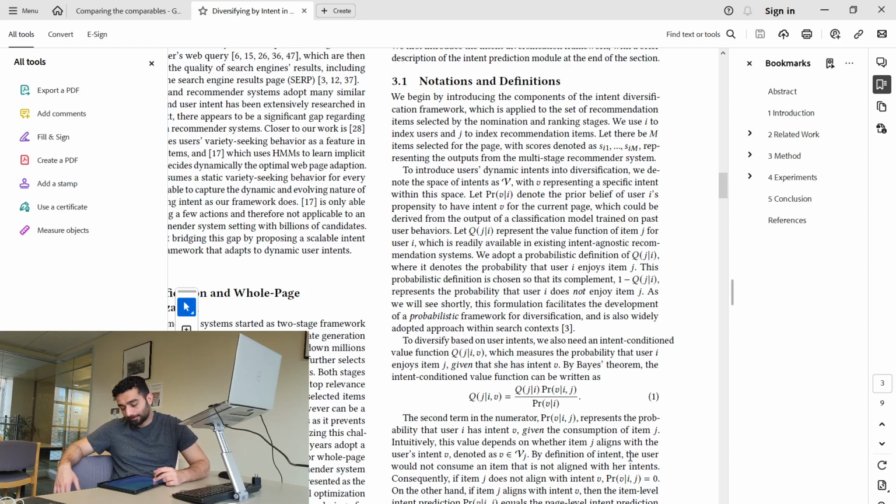Let's go back. We talked about this paper. I just want to say, it seems user in this paper, I, stands for query in our problem. I user, J item. Okay, this is what I just wrote.